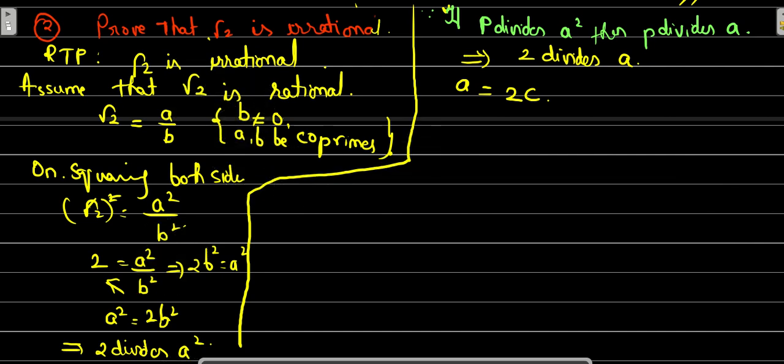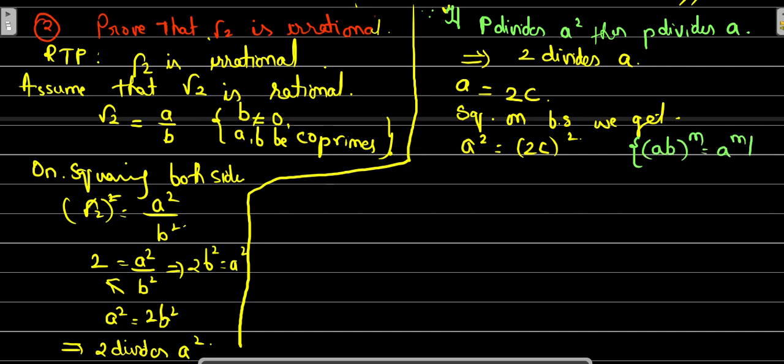Now again squaring on both sides, we get a square is equal to 2c whole square. So we have again the law of exponent. You should be thorough with the laws of exponent. So ab whole to the power of m is equal to a to the power of m, b to the power of m, nothing but this square belongs to both 2 as well as c.